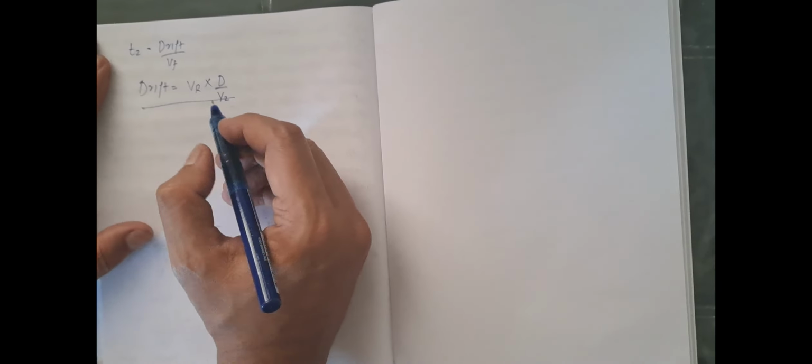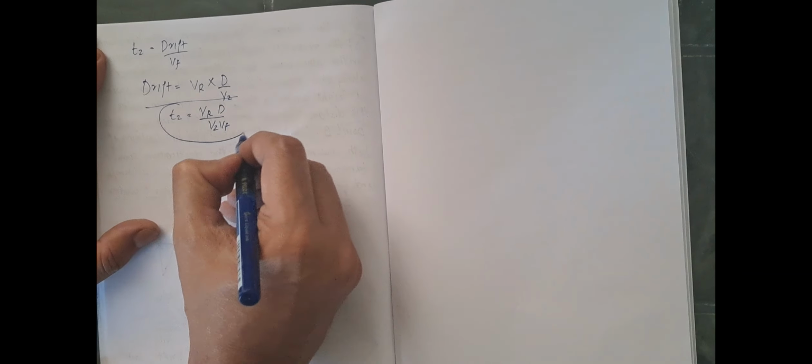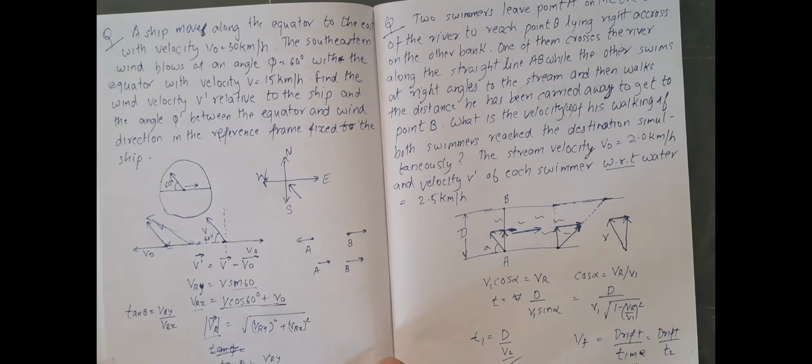So T2 will be equal to drift by Vf. So Vr into d by v2, divided by Vf. From this we know T1.